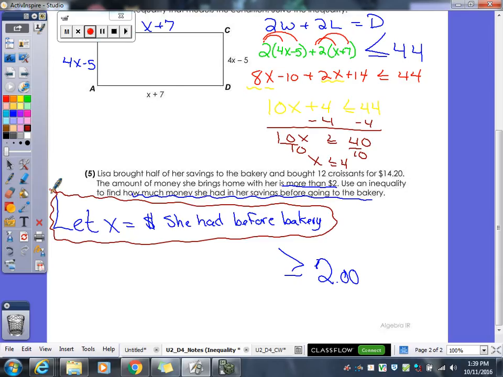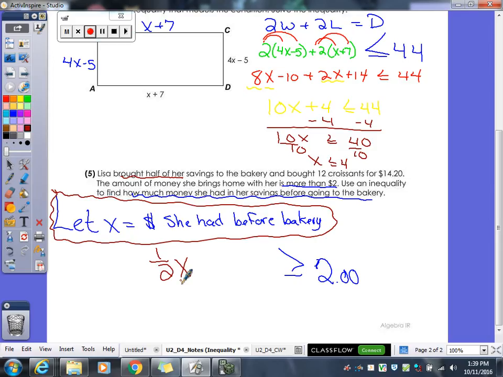She brought half of her savings to the bakery and bought 12 croissants. So she brought half of her savings. If I said x was the money she had in her bank account, how do I say half her money? 1/2 x. Very good. So she brought half her money.